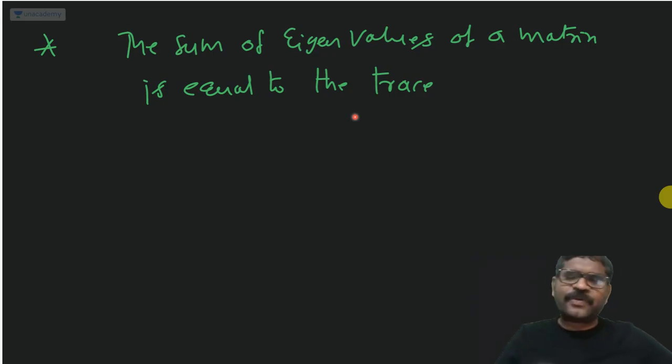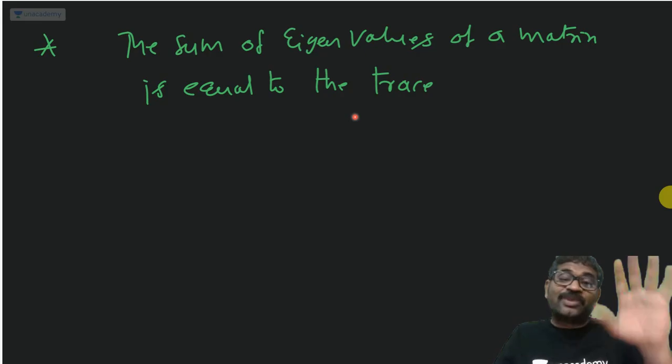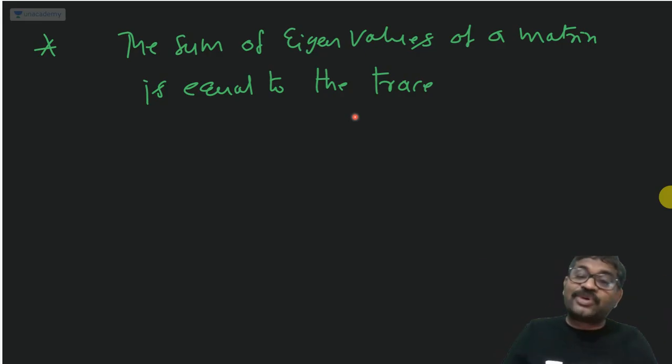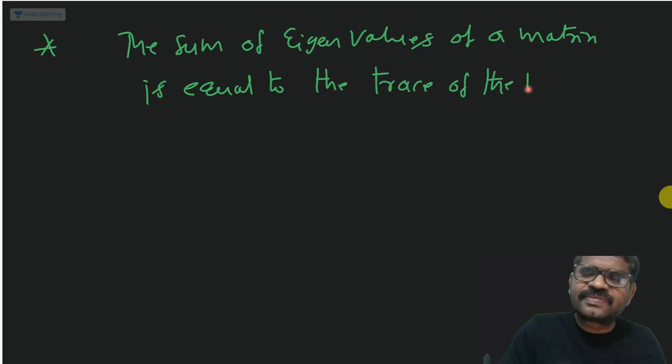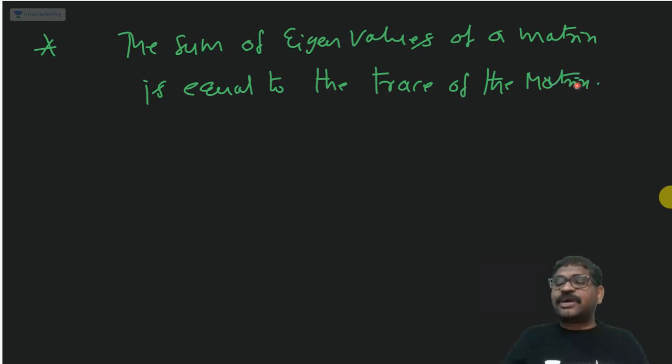Okay. Now, the sum of eigenvalues of a matrix is always equal to the trace of the matrix. Sir, what is trace? Sum of leading diagonal elements is called trace.